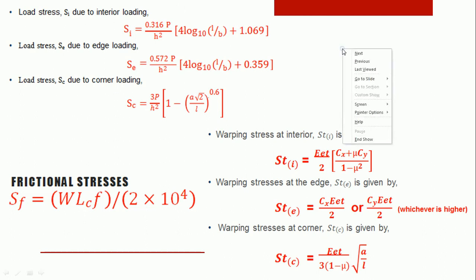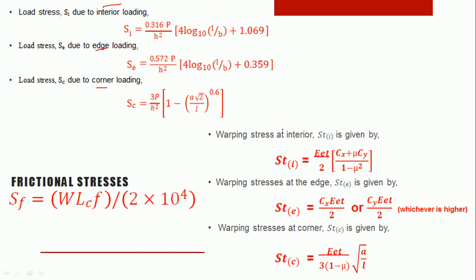In this slide you can observe the wheel load stresses at the interior, edge and corner. P is the wheel load, H is the thickness of the pavement, L is the relative stiffness, and B is the contact area over which the load is distributed. All these parameters we have discussed.